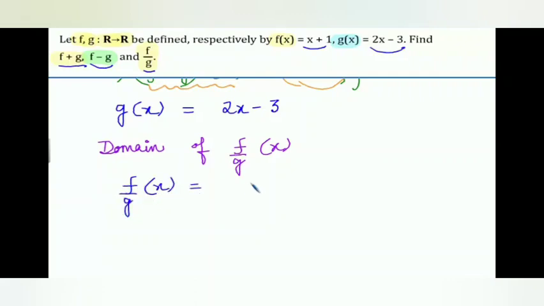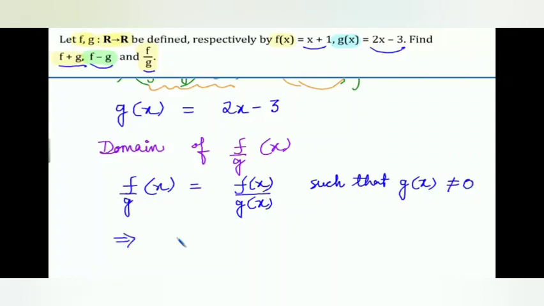Now just divide the function f of x divided by g of x, such that g of x does not equal to 0. So 2x minus 3 does not equal to 0. So x does not equal to 3/2.